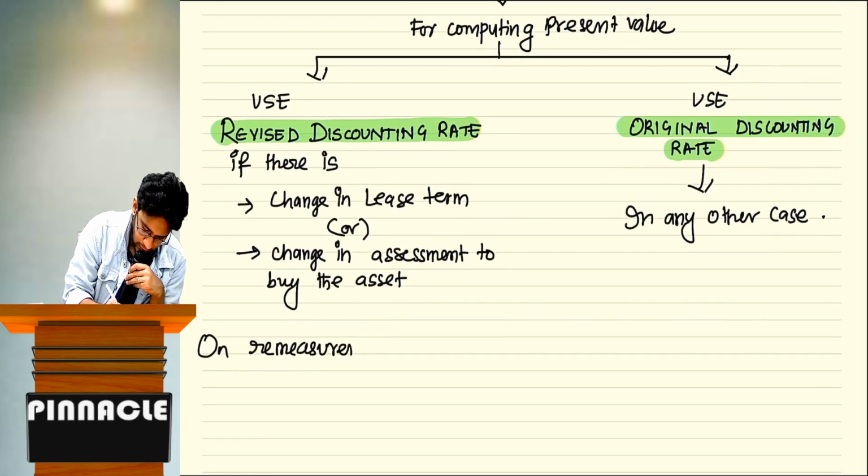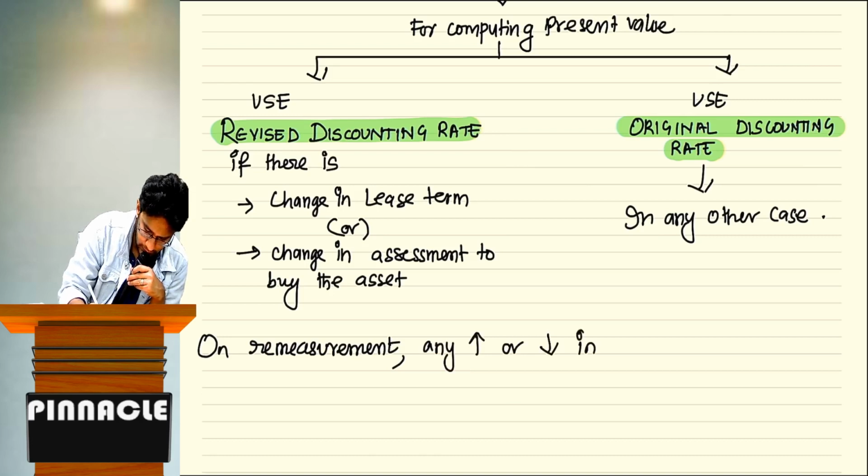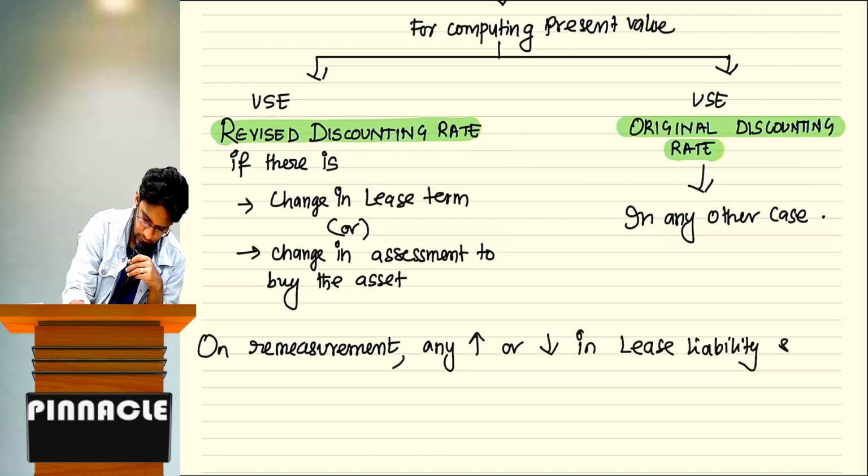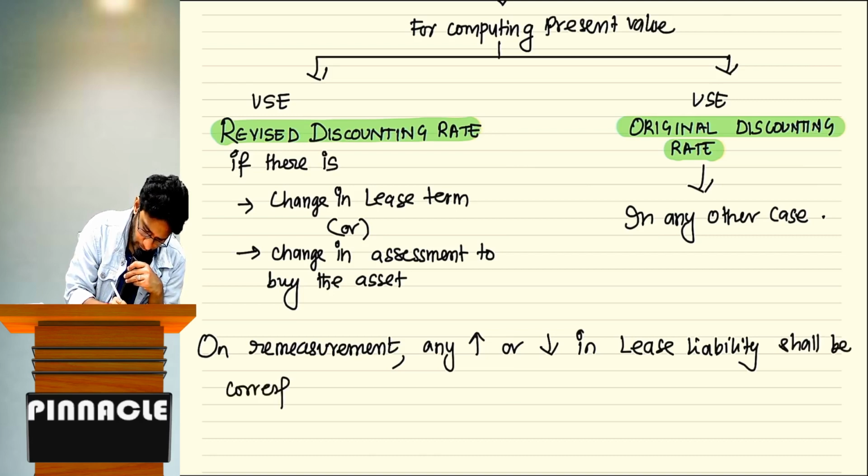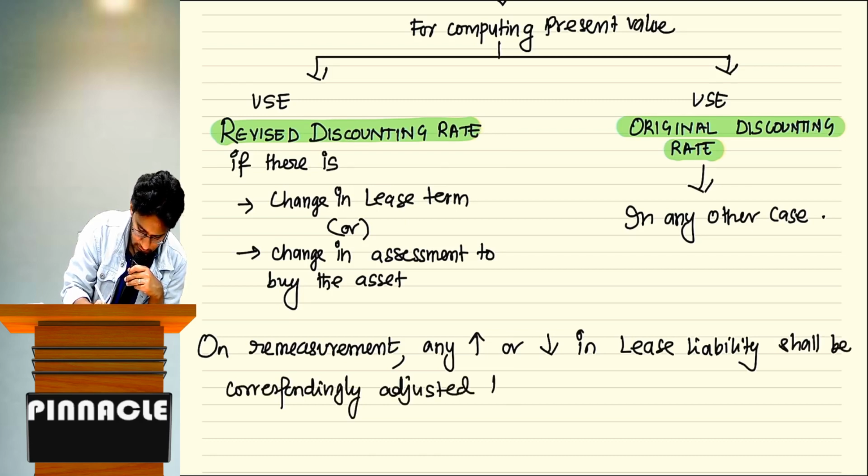Last line. On remeasurement, any increase or decrease in lease liability shall be correspondingly adjusted to the ROU asset.